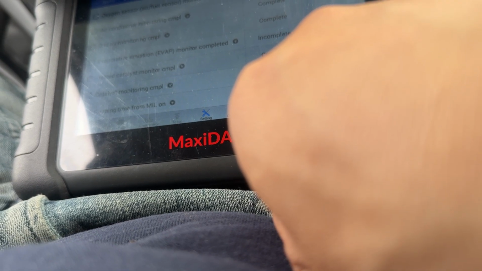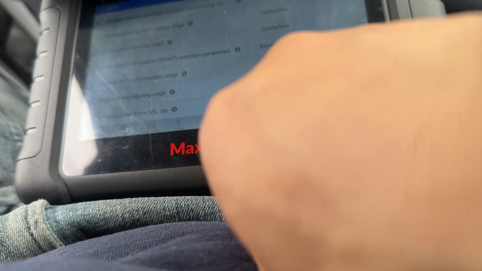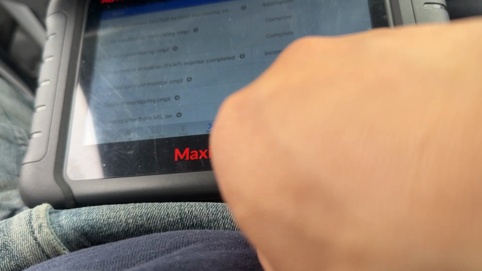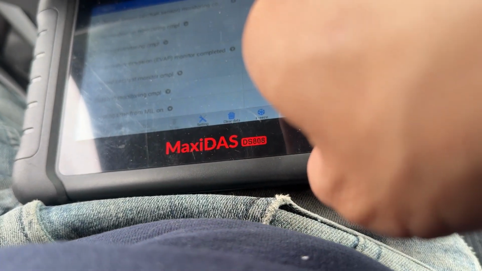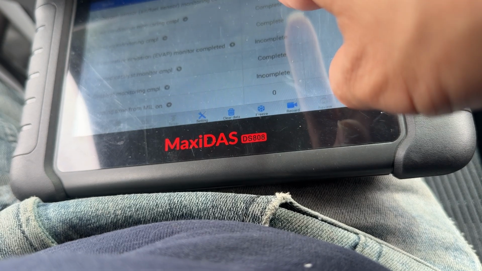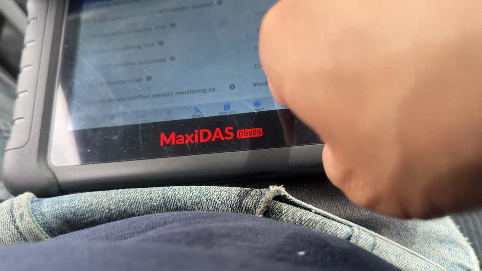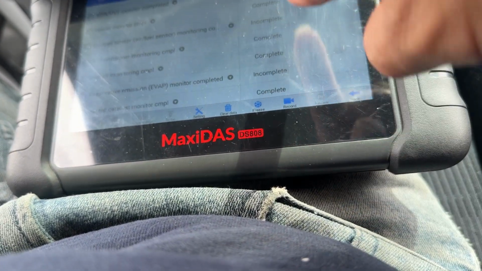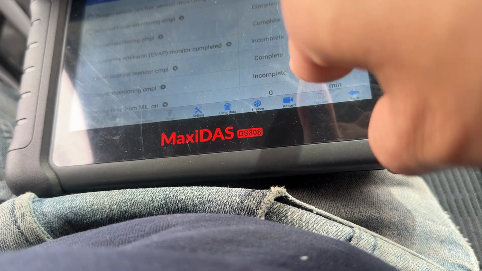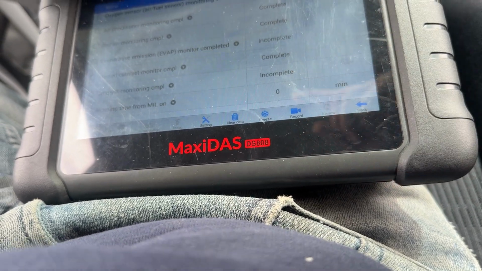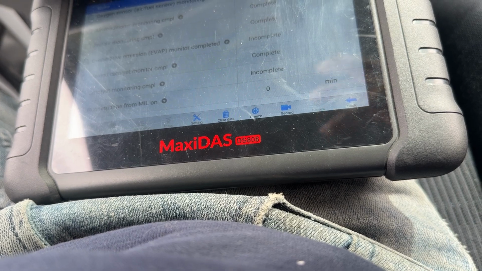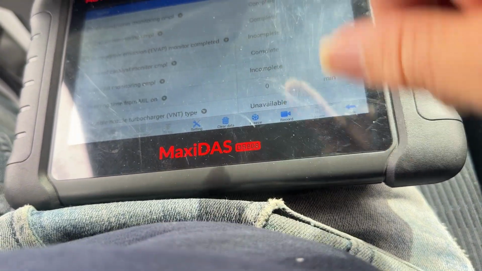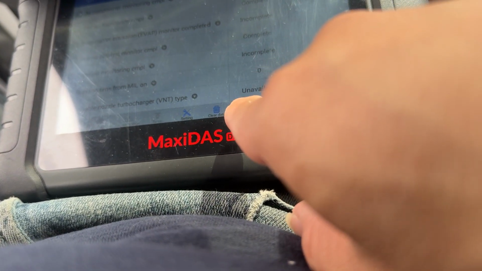But incomplete means it hasn't finished. But it's been connected to the battery for so long, so everything should be complete. What it should say is incompatible, or not available. It should be complete, incomplete, or unavailable. So I don't know why it says incomplete.